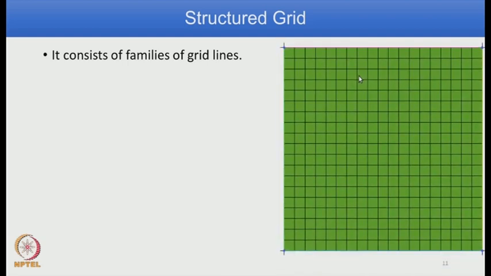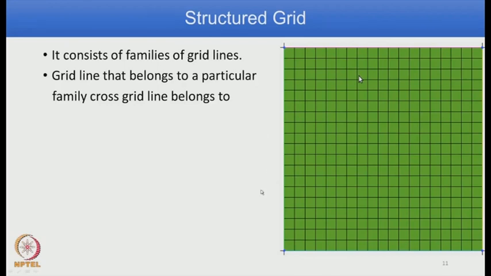So, a structured grid consists of families of grid lines. In this figure, the black lines that you are seeing running vertically as well as horizontally, each one of them represents one grid line, and all the vertical grid lines are one family and all the horizontal grid lines are another family. In a structured grid, a grid line that belongs to one particular family crosses a grid line that belongs to another family only once.